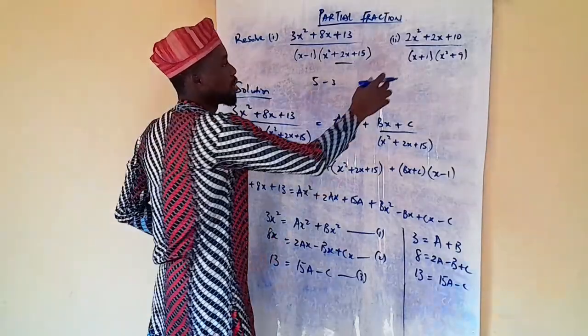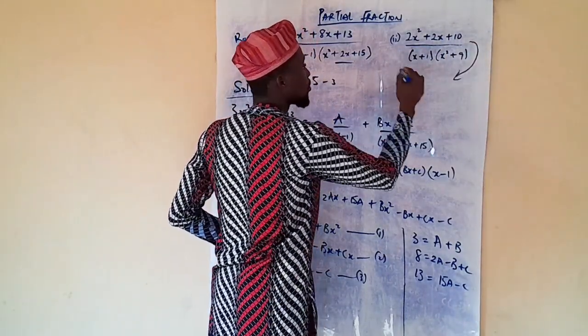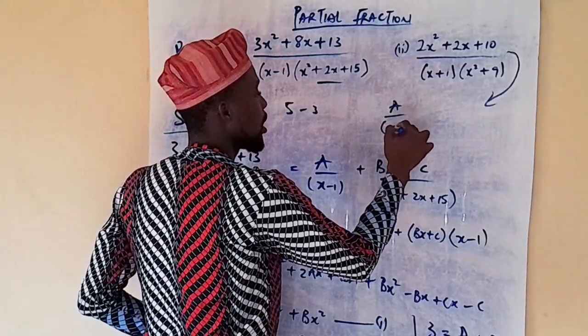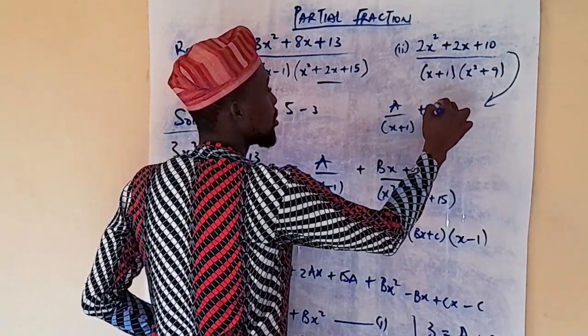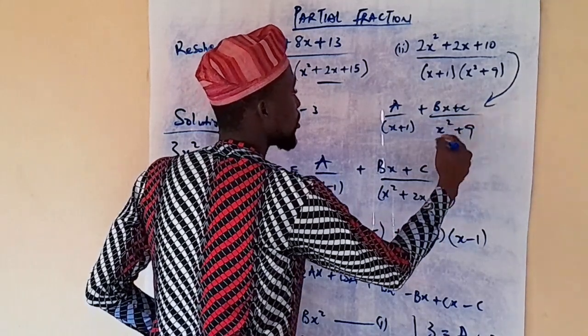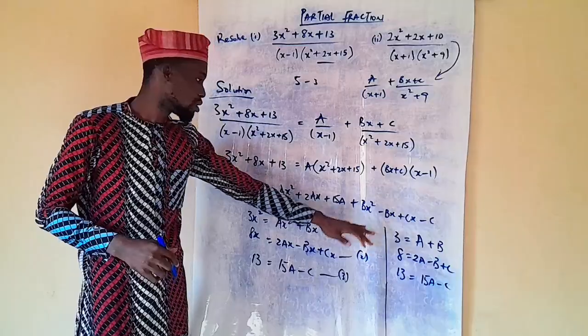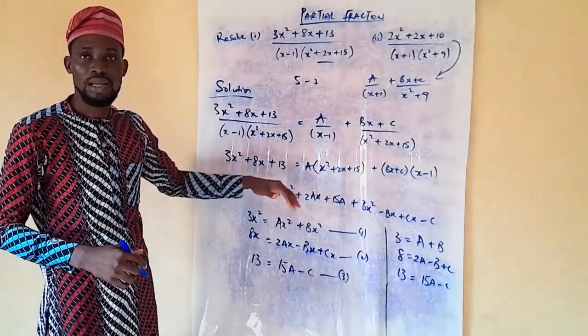So all I do there is write it as A over x plus 1 plus Bx plus C over x squared plus 9. From here, solve. Use compare coefficients when you get to this point, then get your answer.